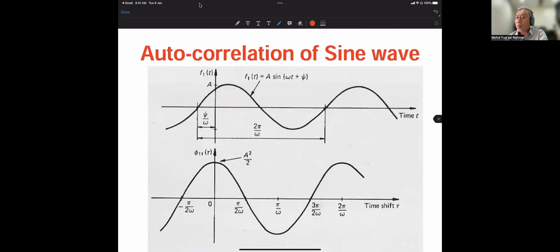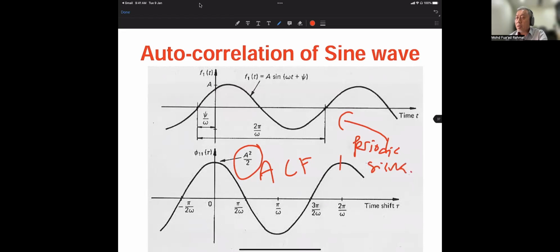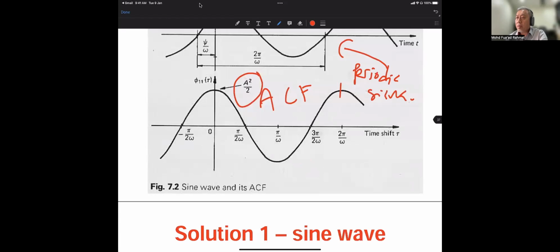The maximum is a squared divided by 2, and it will repeat again. Because these signals are periodic signals, the ACF also will repeat accordingly to the periodic signals.